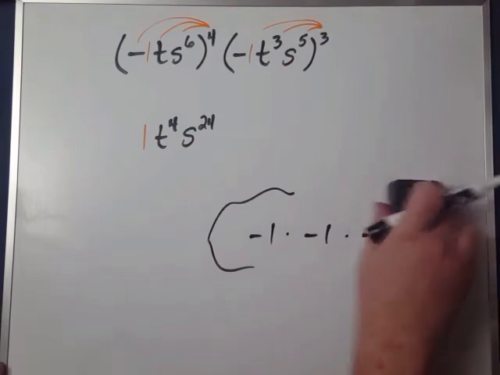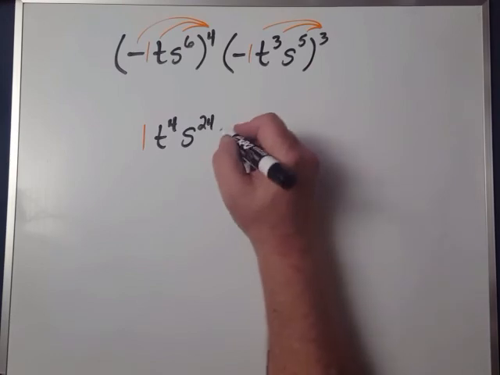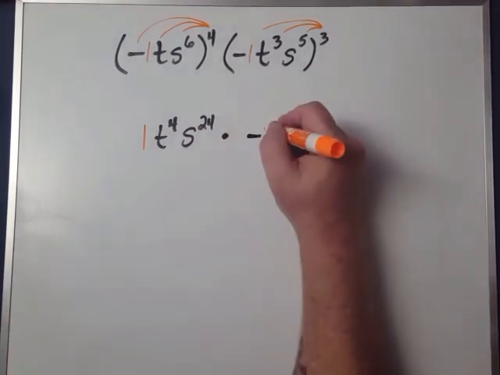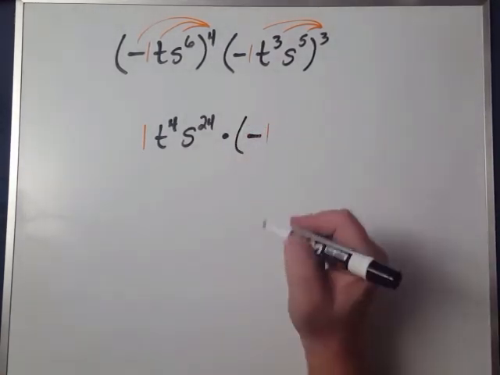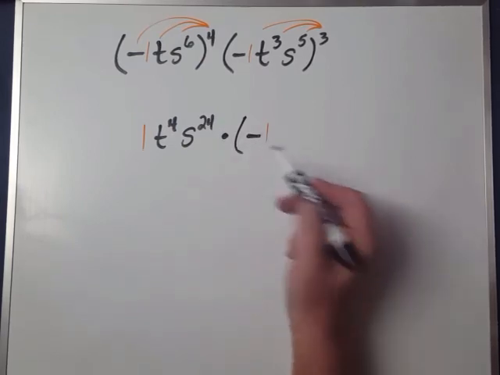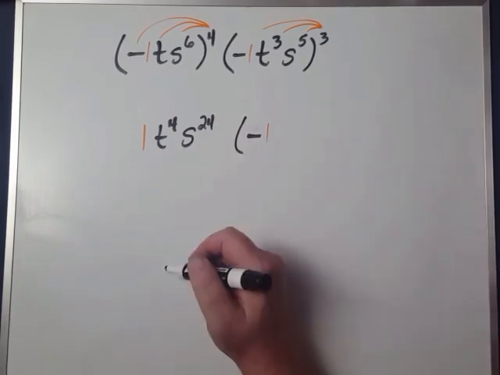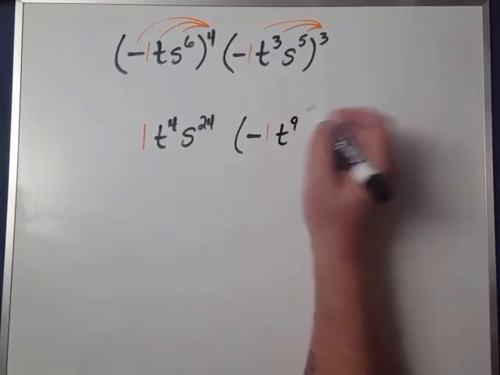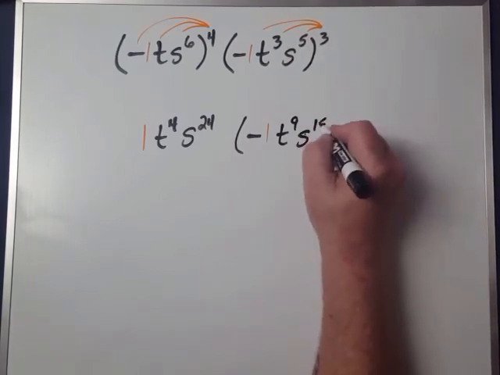So this is going to be -1. -1 to the 3rd power is -1. I would not typically write that 1. I would grab some parentheses so that my dot and my negative don't bump into each other, or if I chose not to write a dot, it's not going to look like subtraction. And then t to the 3rd multiply t to the 9th, s to the 5th to the 3rd, s to the 15th.